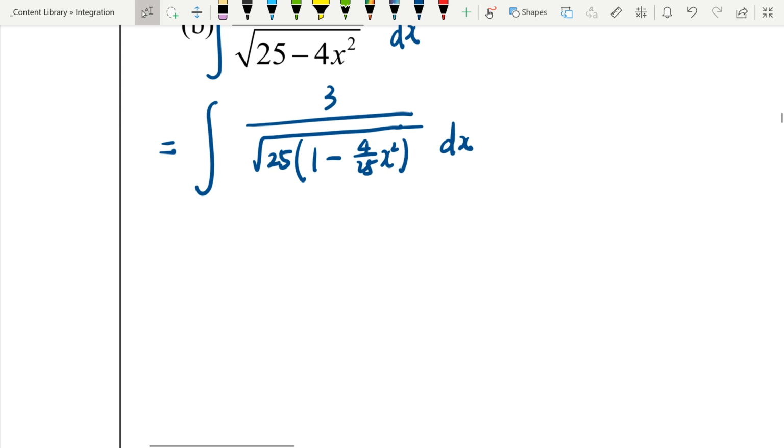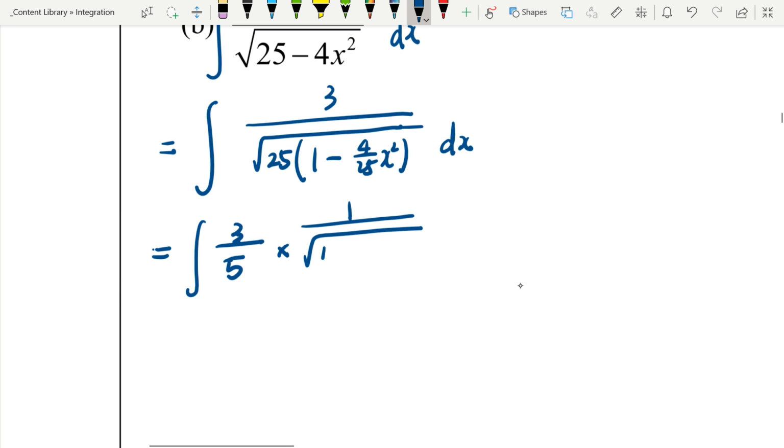So take the 25 out, and what I'll have is 3 over 5. After I take the 25 from the square root, I have 3 over 5, and then times 1 over the square root of 1 minus... the whole thing needs to become g(x) squared. I will have 2 on 5 x squared. So make 1 first and then make g(x) squared next.